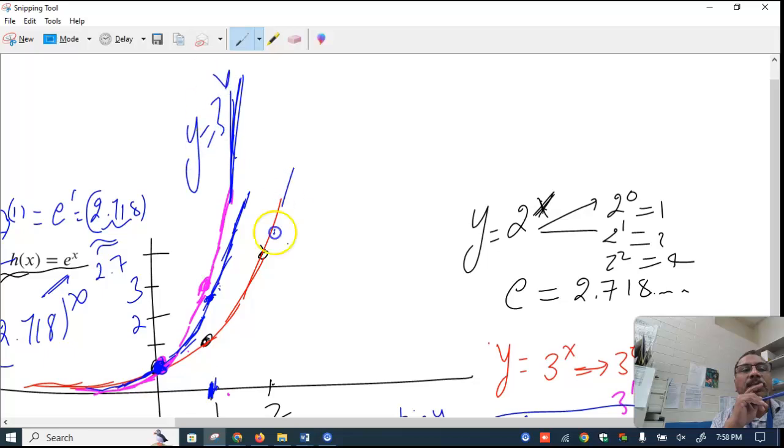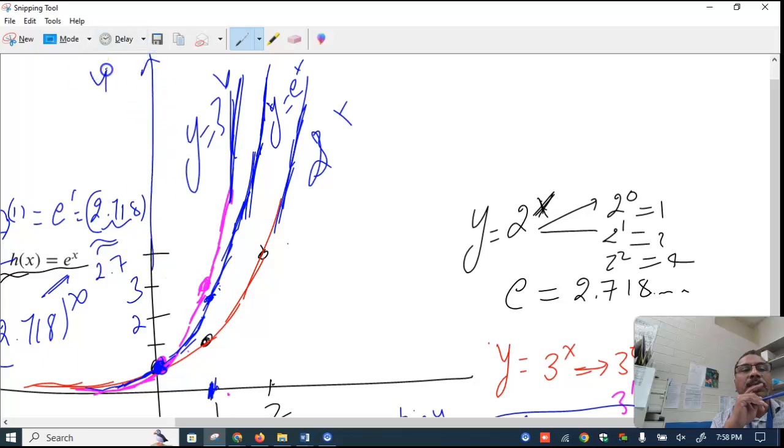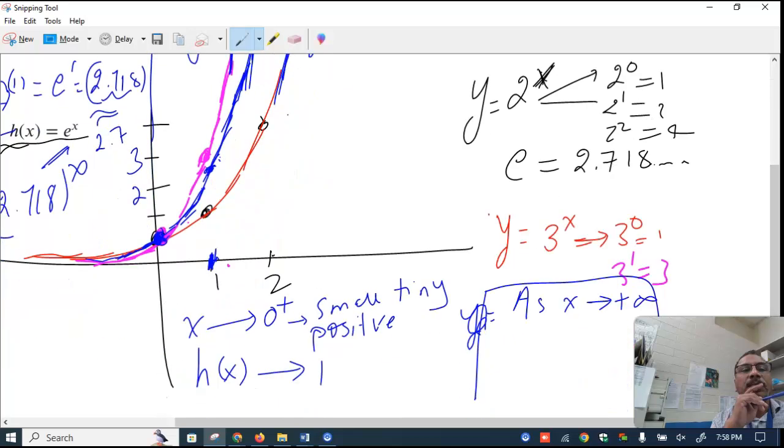I said 2 raised to x goes a little slower, and this one is a little faster than 2 raised to x, but slower than e raised to x. So that's the answer. The output, on the y-axis, becomes a very large number. So all we do is write down here that h of x approaches a very large number also. I hope that helps you understand this piece.